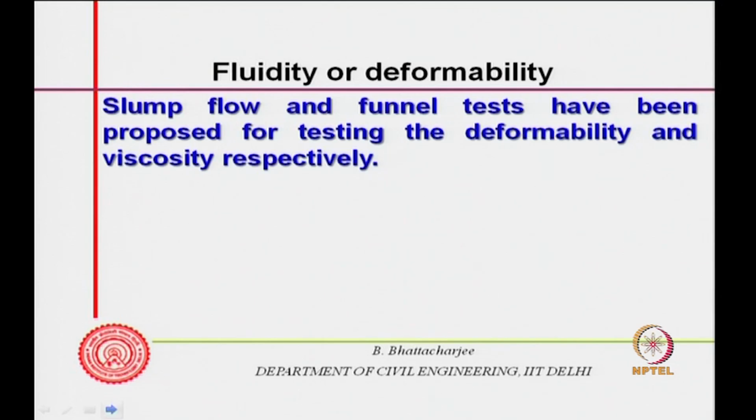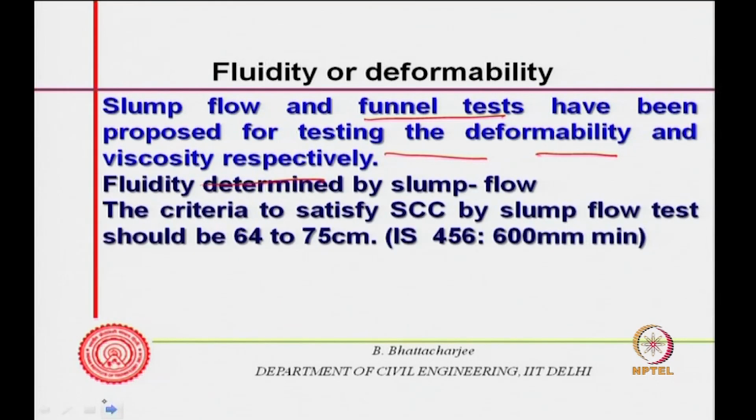This test gives us self compactability, but slump flow gives us fluidity and deformability. Two other tests, the slump flow test and the funnel test, have been proposed for testing deformability and viscosity respectively. Fluidity is determined by slump flow.